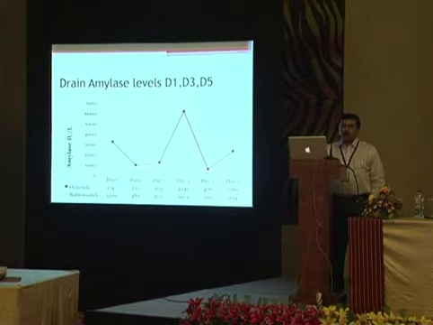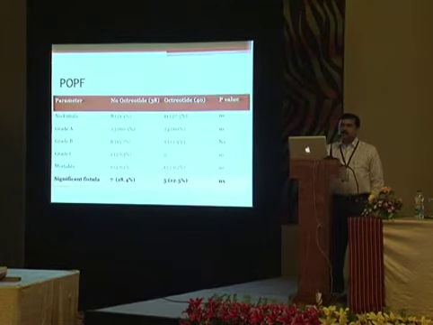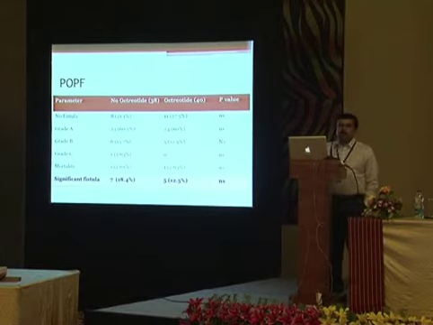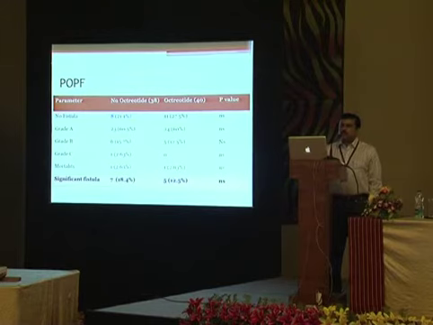These are the drain output values on day 1, day 3, and day 5. We found that the drain output values were slightly higher in the octreotide arm than in the no octreotide arm. This is the most important slide, showing the pancreatic fistula rate. We see that grade A is around 60% in both arms. Grade B is 6 and 5, that is 15% and 12.5%.